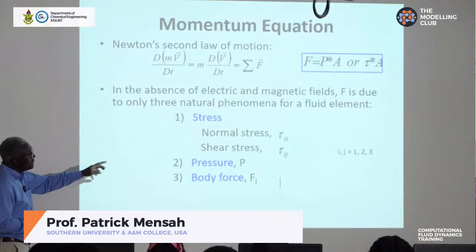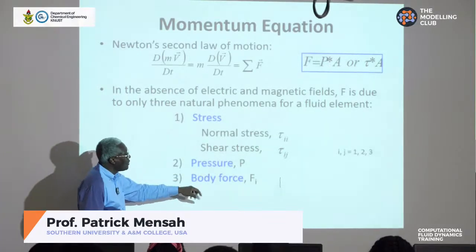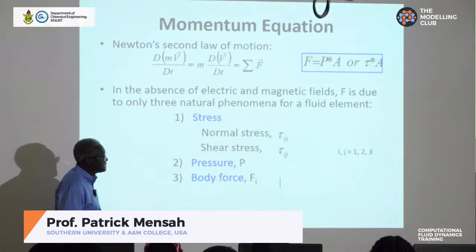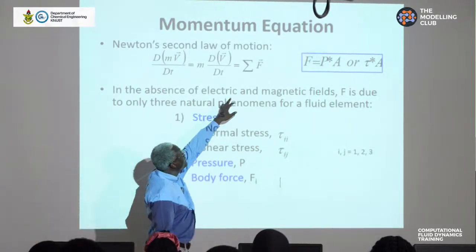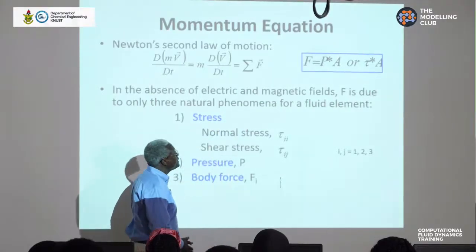Okay? And then it's also due to the pressure force and the body force. Okay, so these are the three forces that basically end up on the right-hand side of the equation.